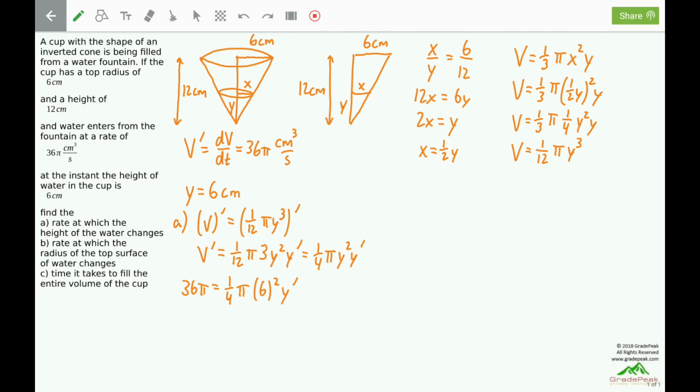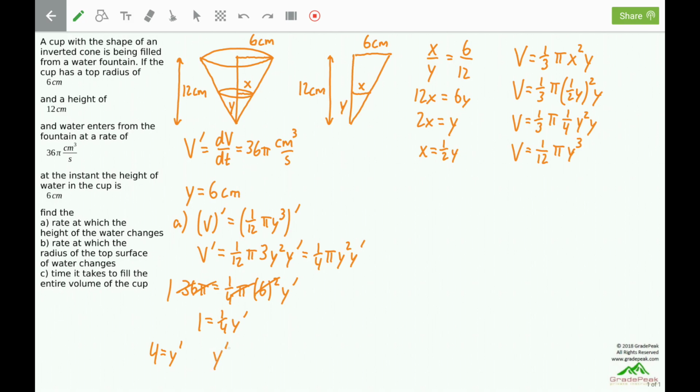Now instead of multiplying the numbers out and making bigger numbers, we can cancel numbers on each side. The 36 can cancel with the 6 squared, since they're both in the numerator, and the pi can cancel with the pi. Again, they're both in the numerator, leaving a 1 over here. So we have 1 equals 1/4 y prime, or multiplying both sides by 4, 4 equals y prime.